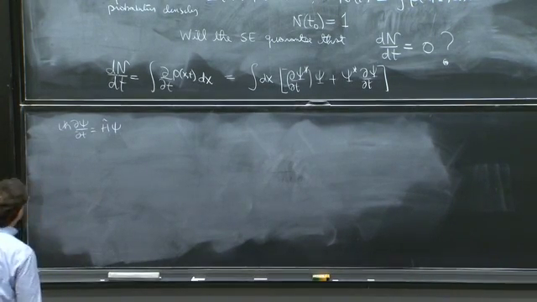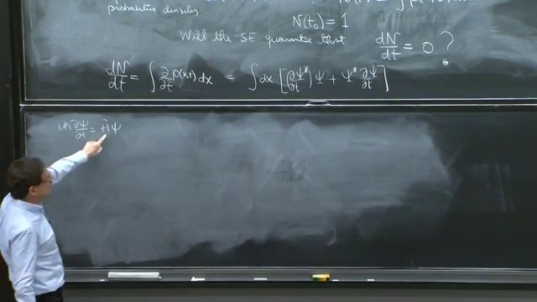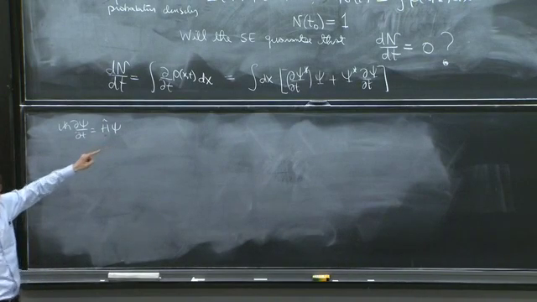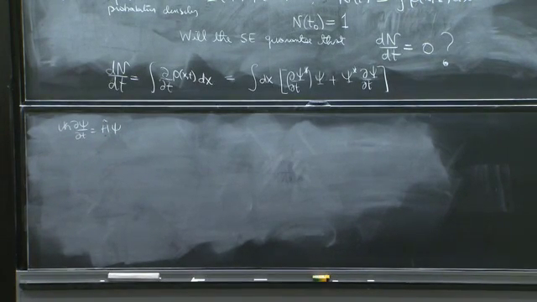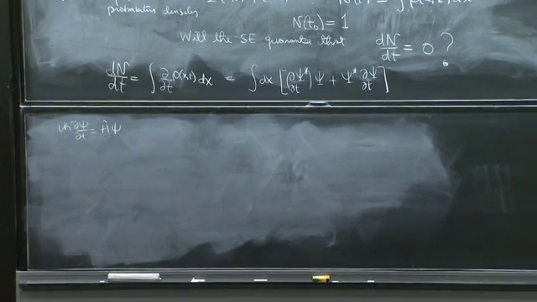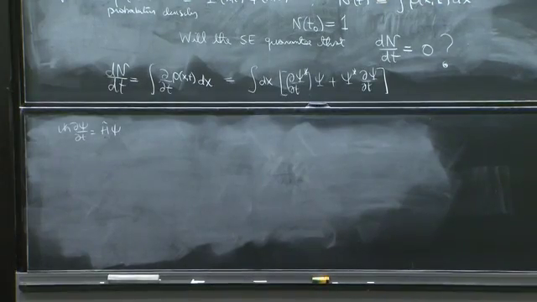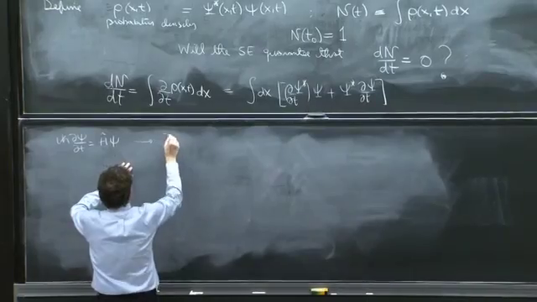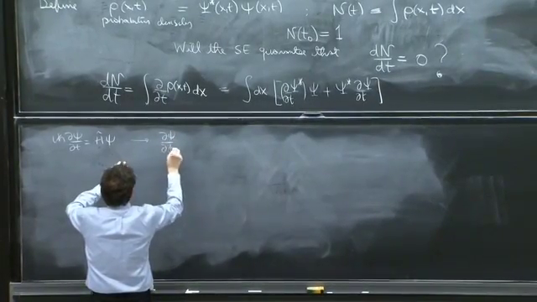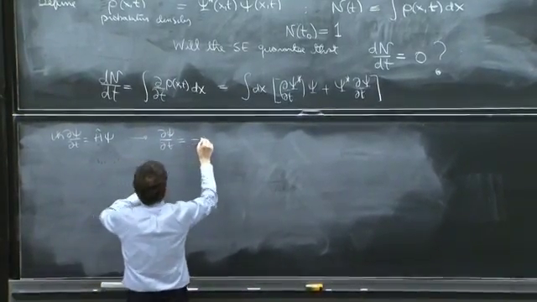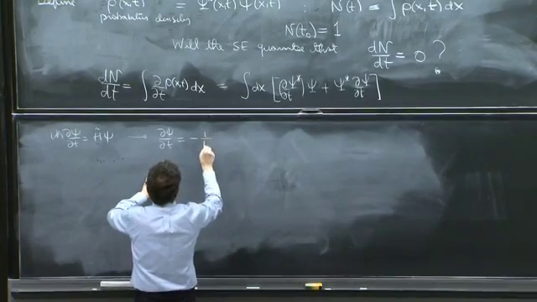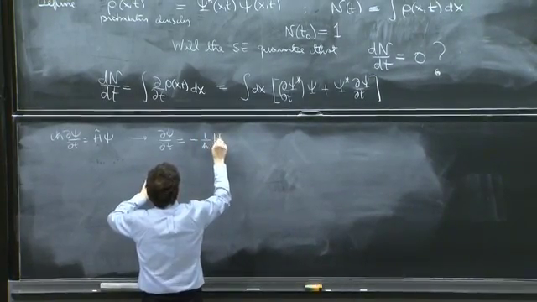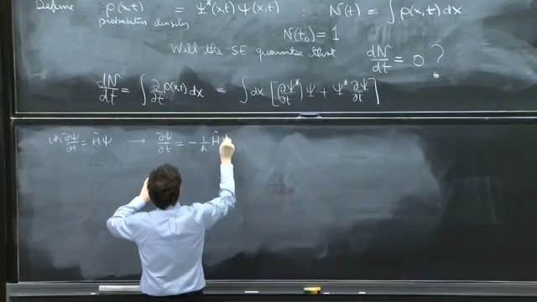We'll write it like that for the time being without copying all what H is. That would take a lot of time. And from this equation, you can find immediately that d psi/dt is minus i over h bar H hat psi.